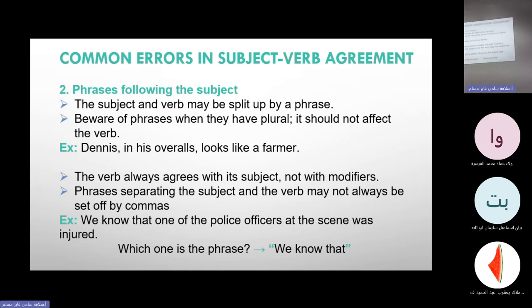Example, the first one. What's the original sentence?